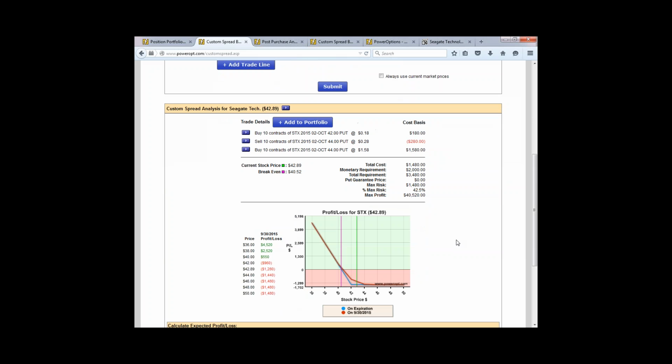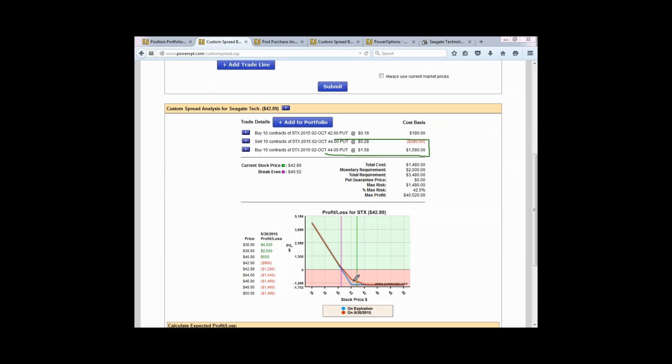By buying it back now, we've created a long put. The way the system's showing it, the profit and loss chart is showing 2 transactions here. We sold to open the 44 and bought to open the 44 as well. Well, if we bought to open something we had sold, that would essentially close it.